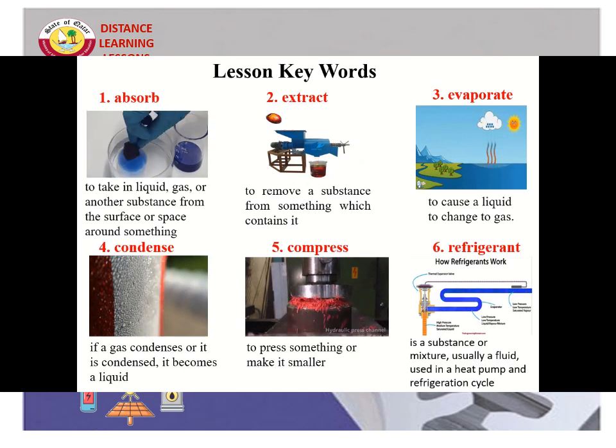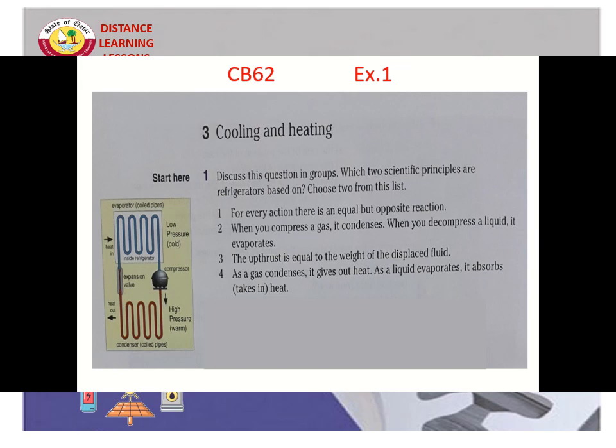Now open your course books to page 62. I want you to pause the video and think about this question. Which two scientific principles are refrigerators based on? You choose two from this list. Okay, let's check.